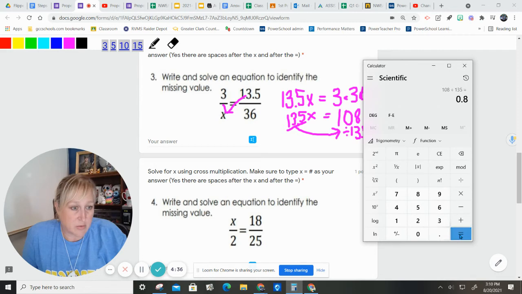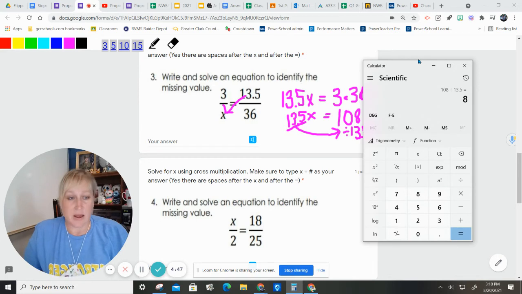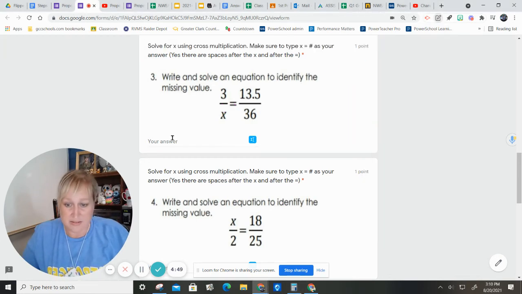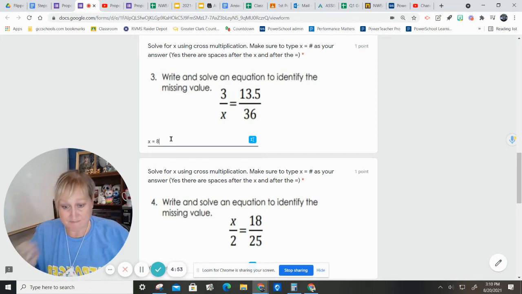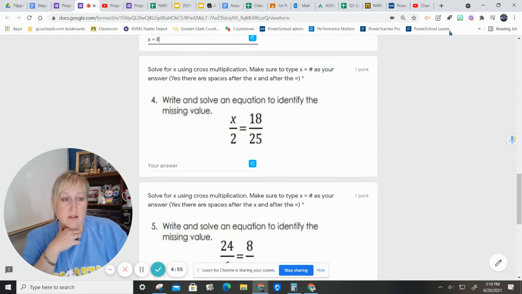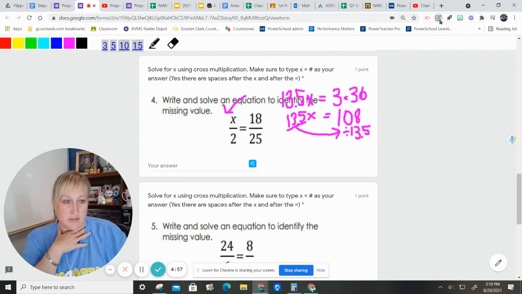And hopefully it comes out with a pretty number. Oh, no, I forgot a decimal. 108 divided by 13.5. 8. Okay. So my answer will be x space equals space 8.